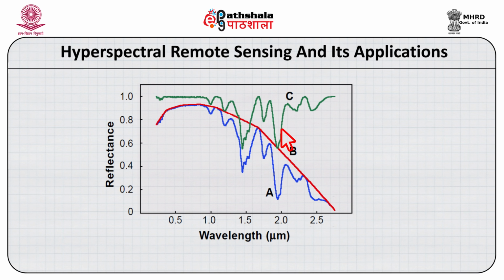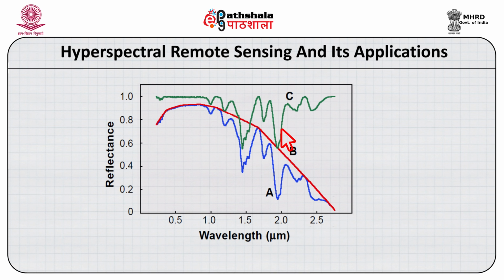We try to match whether this gypsum matches with signature A, B or C. That is a spectral matching method. We match with the spectral library and can identify what kind of mineral it is, which is gypsum, which is calcite, and so on.